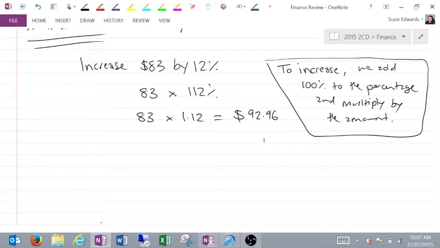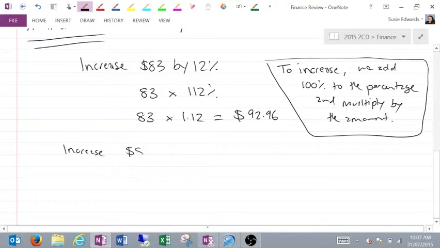So very quickly, last example for this, if I said increase $8,002 by 5%, what would our process be? Perfect. So we're saying 105%. And we get our answer, which is?